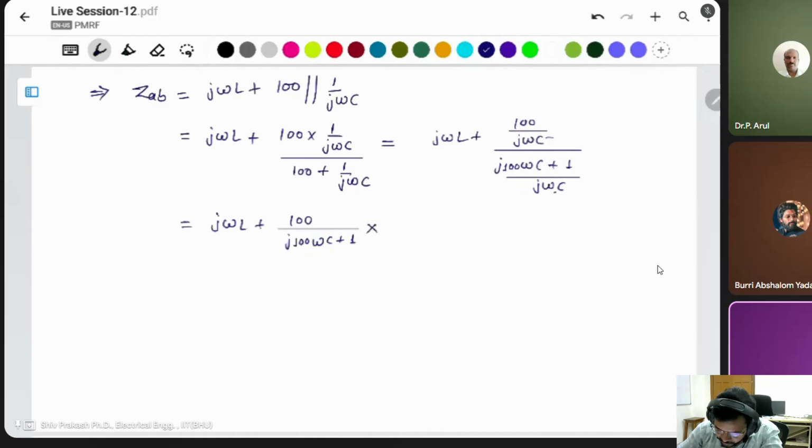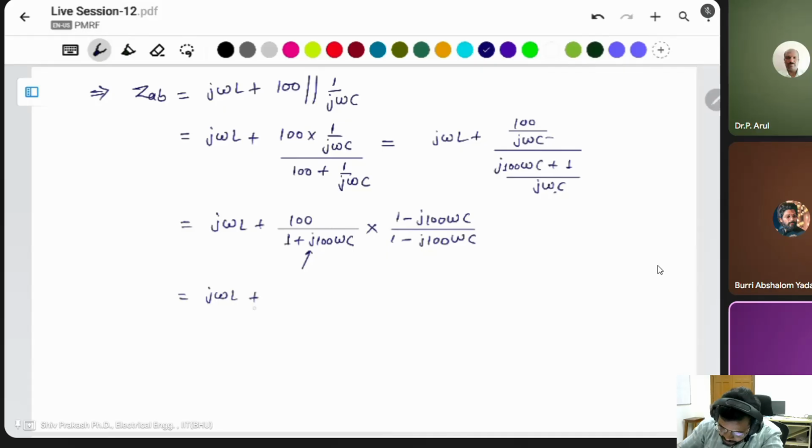By multiplying by the negative of this term. This is written as 1 plus j 100 omega C, so we take the negative of this coefficient, 1 minus j 100 omega C, divided by 1 minus j 100 omega C.